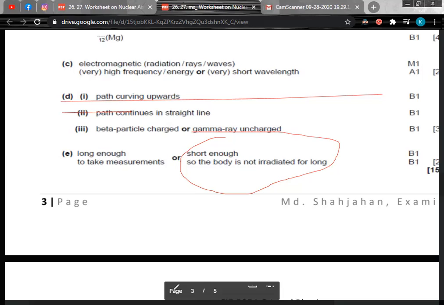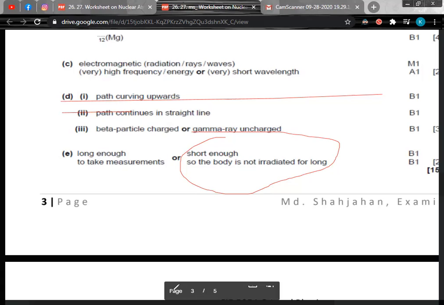If it doesn't have, then it is gamma. Both alpha and beta are charged, so they have ionizing power. Okay, this is one thing. Less ionizable or moderately ionizable. So what should I write?